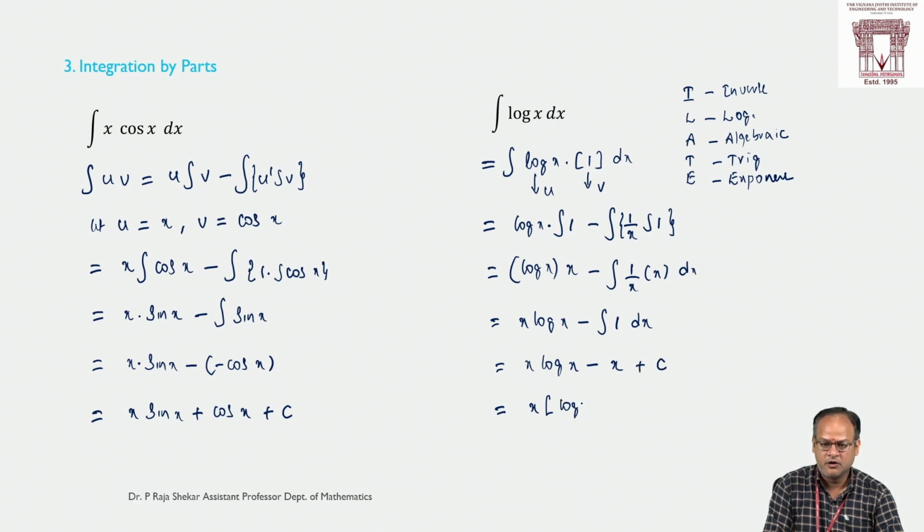So taking x common, it is x into log x minus 1 plus some c. So what we have done is rewrite the function log x as log x into 1, treating log x as u and 1 as v, and we integrated.